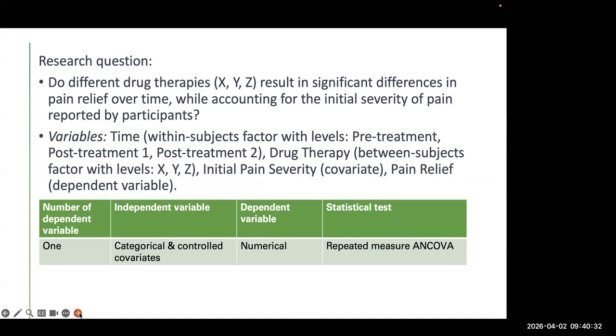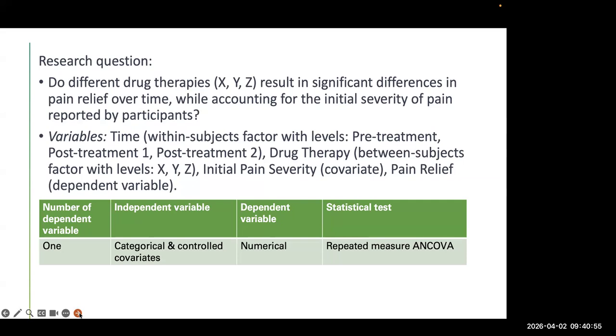So we have time frame, which is pre-treatment, post-treatment one, or post-treatment two. They have three things. And then drug therapy between X, Y, and Z. So initial pain severity becomes the covariate. If you want to control something, a factor that can affect your study, that one we call covariate.